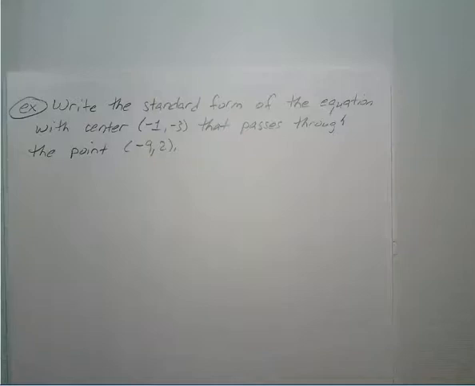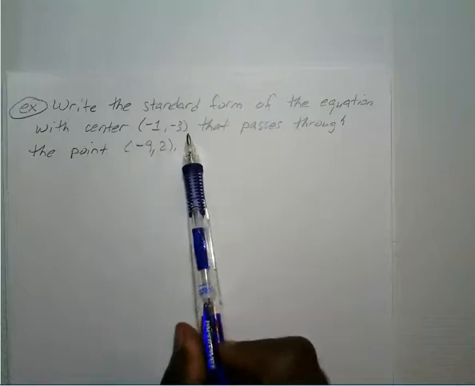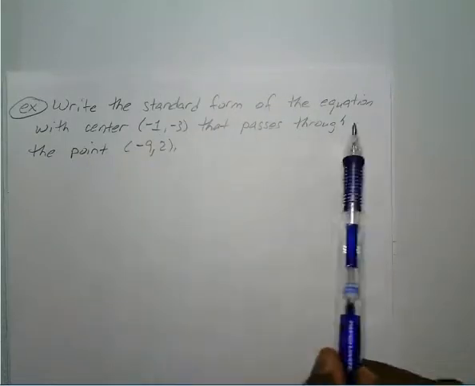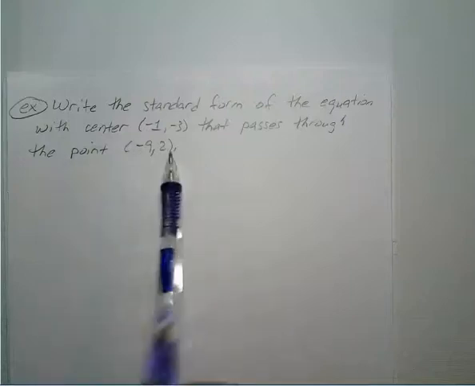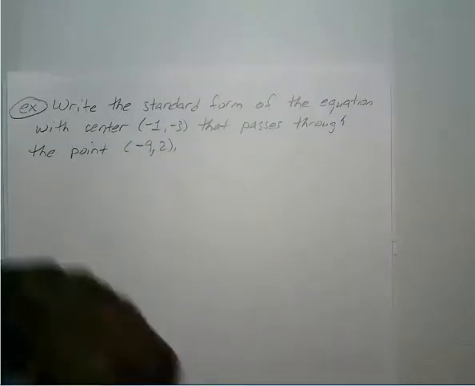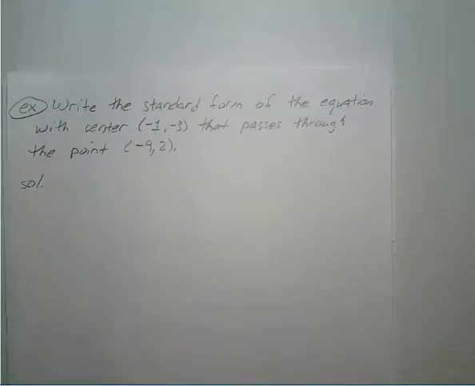Okay, so what if we wanted to write the standard form of the equation with a center at -1, -3, and they don't give us the radius, but it passes through the point -9, 2. Alright, now this one's a little bit different because we have to kind of go back to our distance formula.